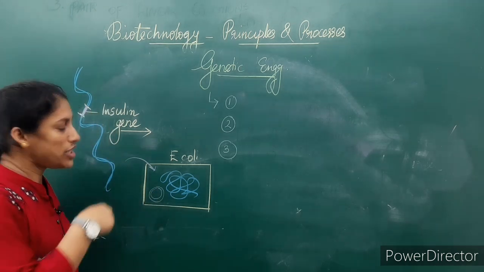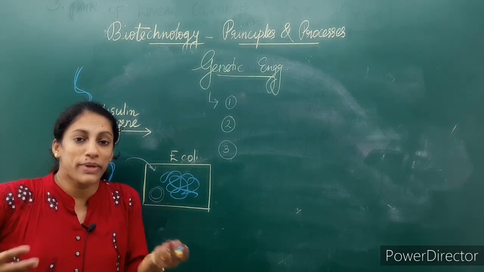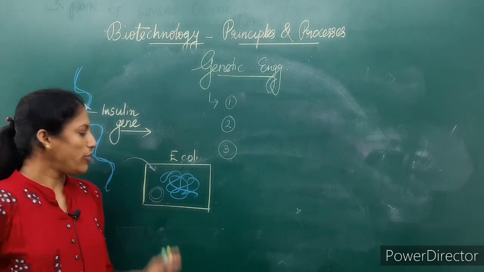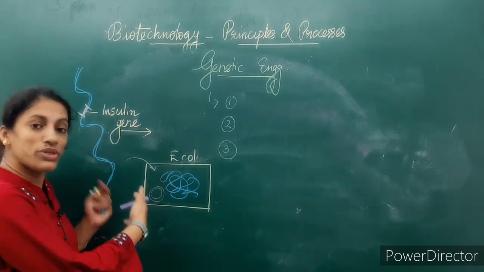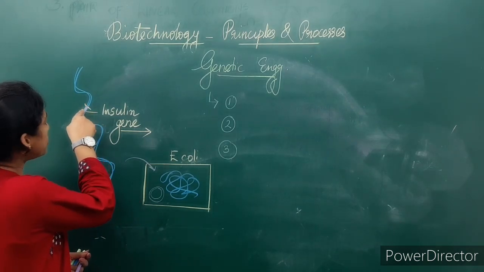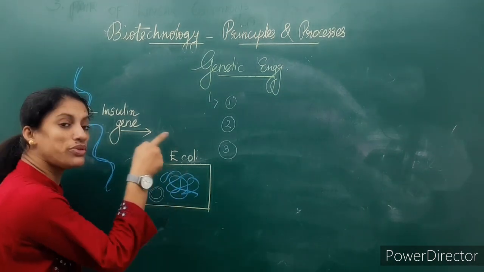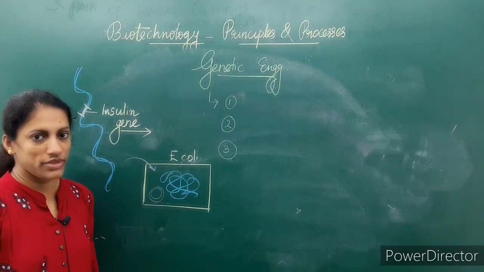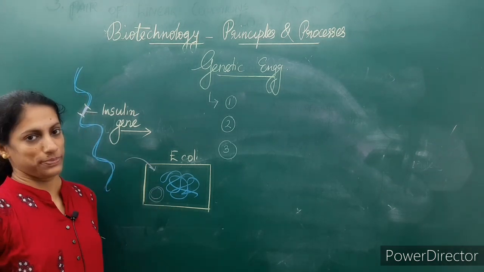For us to introduce this insulin gene to this bacterium and multiply it along with the bacterium, when the bacterium divides, our DNA also divides. Our aim is to introduce this to the bacterium. We should incorporate it into the genome of the bacterium. Then only is it able to multiply along with the bacterium.